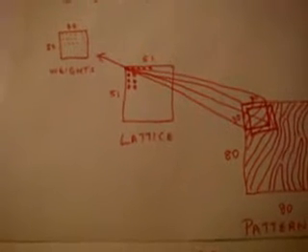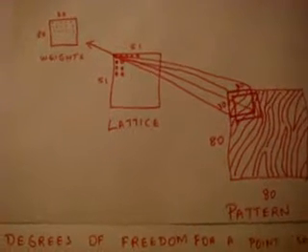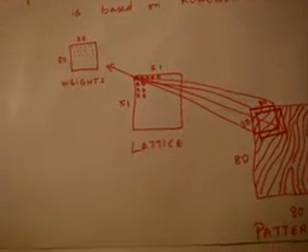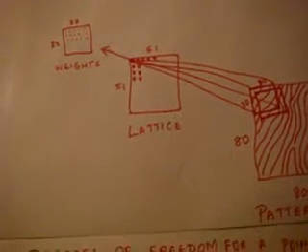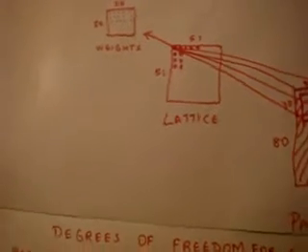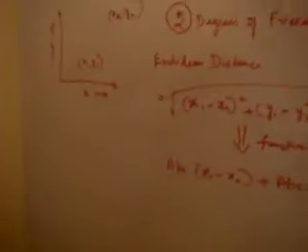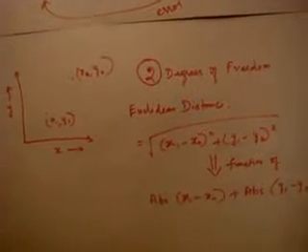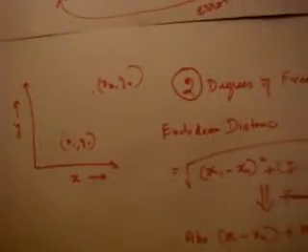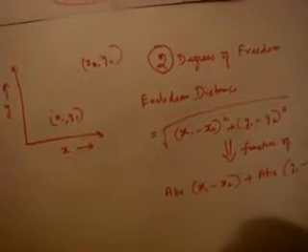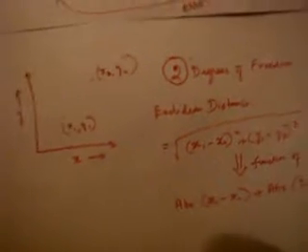So before going deep into this, we'll have to talk about two key concepts about the self-organizing map, and they are the degrees of freedom and the Euclidean distance, which plays a major role in the self-organizing map, right?